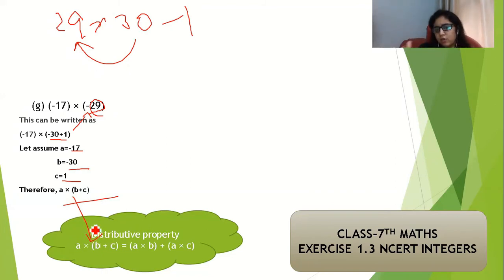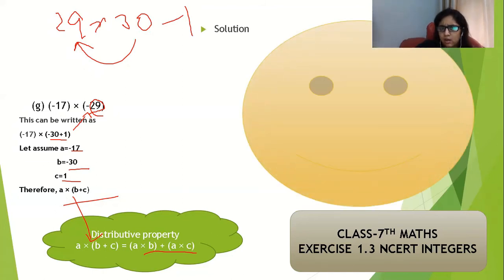So we will solve this equation just like the right hand side of the distributive property. I have just written down the same equation as it is, and in my next step I will write it like this, that is minus 30 plus 1.